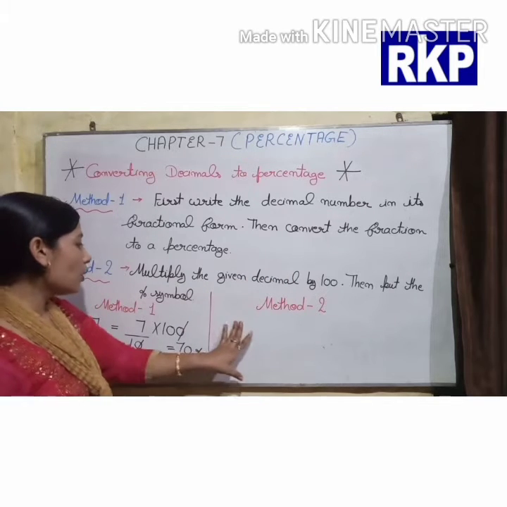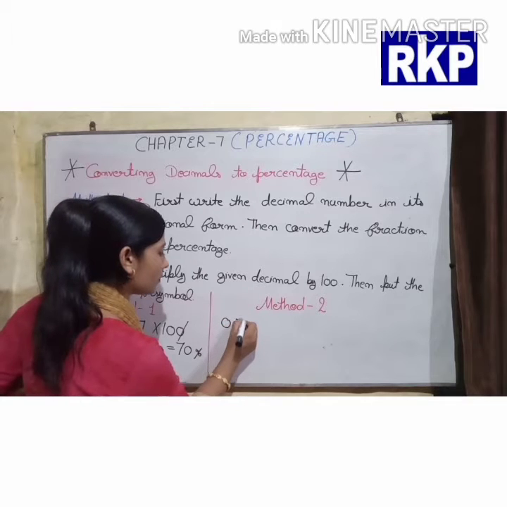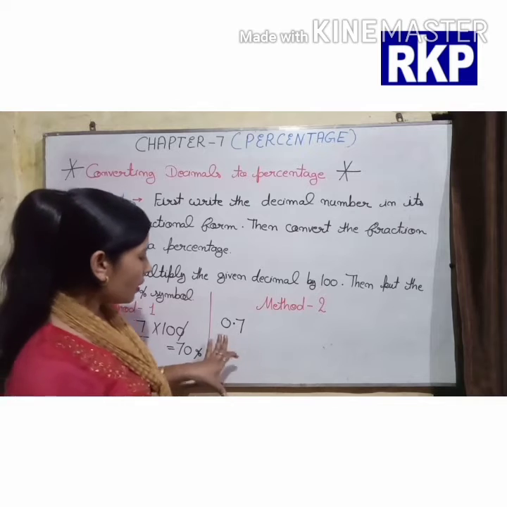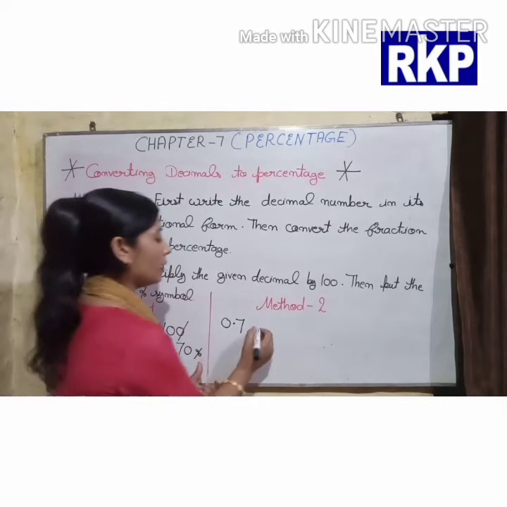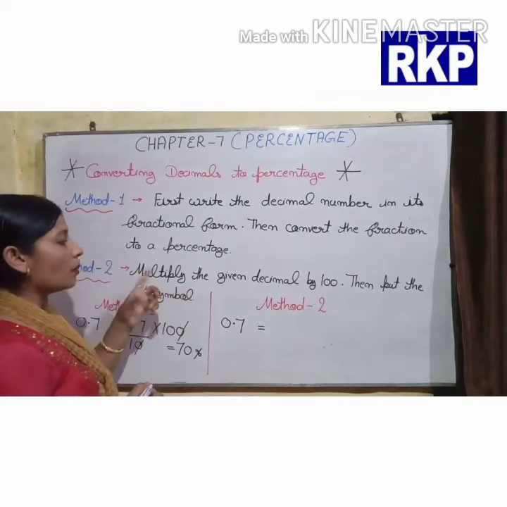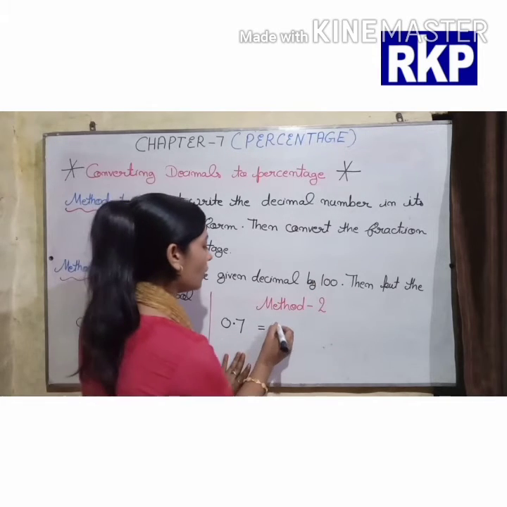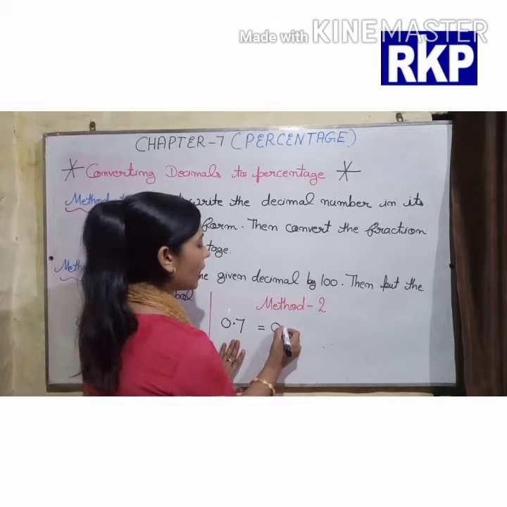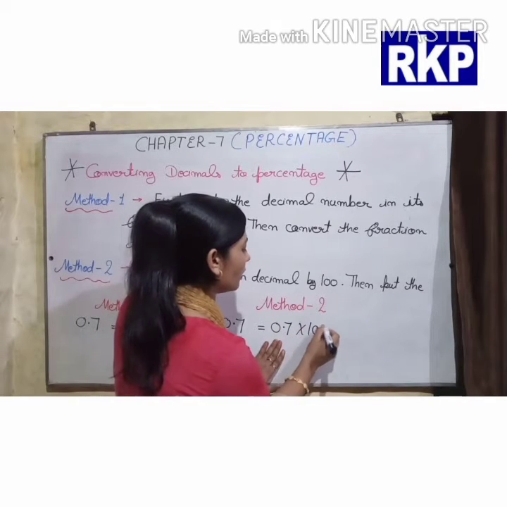Okay, so let us take the same example. Here we have 0.7, so here also I have written 0.7. So beta now what we will do according to the second method, multiply the given decimal by 100. So now to convert this decimal number into percentage we have to multiply this decimal with 100.